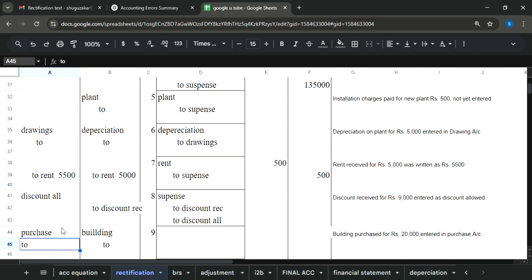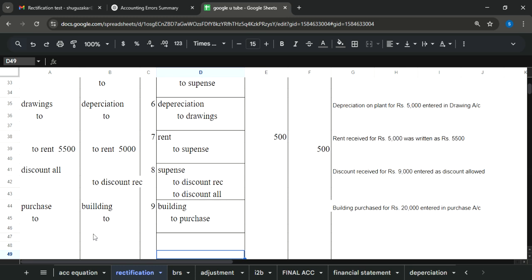So after writing wrong and right, it's now very easy to put your entries directly into the rectified entry. Building was supposed to be written, but you haven't written. So to rectify, you will write over here to purchase. You will change the position of the wrong entry or the mistake. So guys, in this way, your ninth entry is also completed.